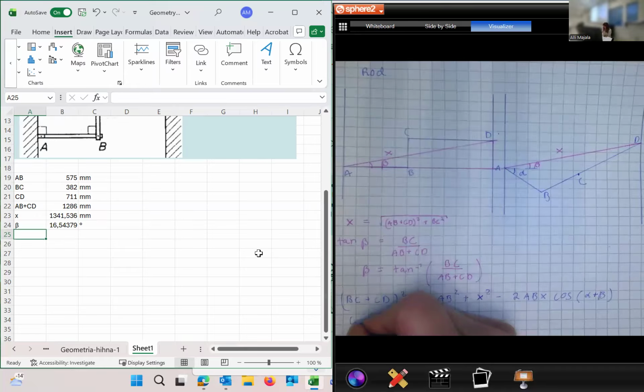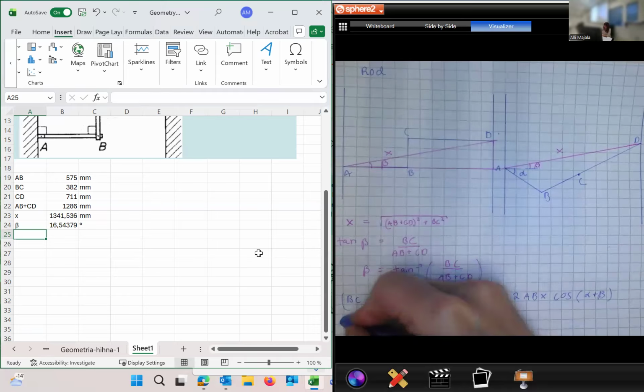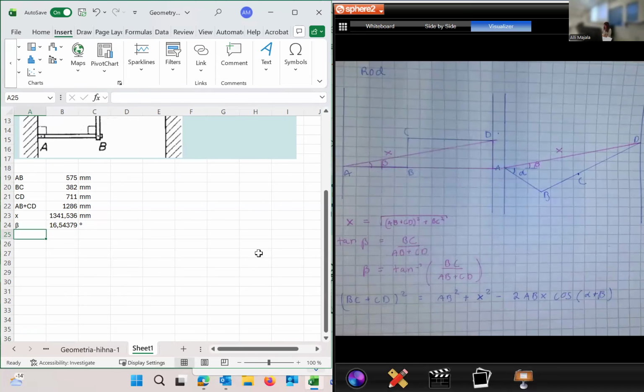So my cosine: AB times X times cos, minus, plus squared.